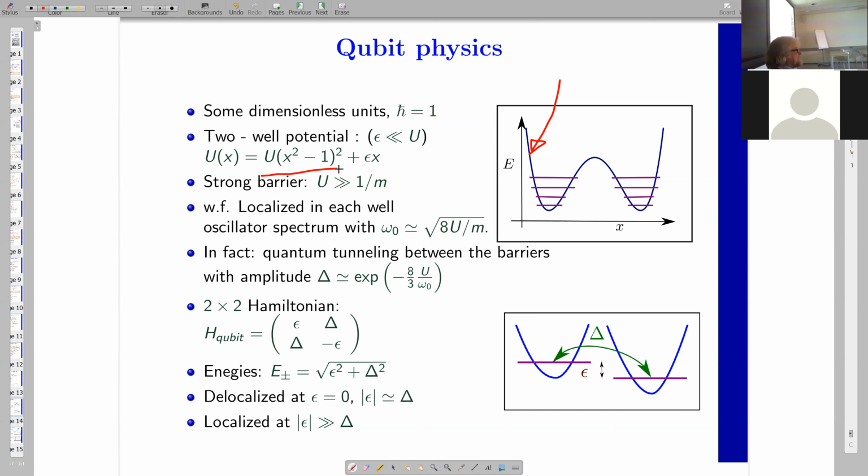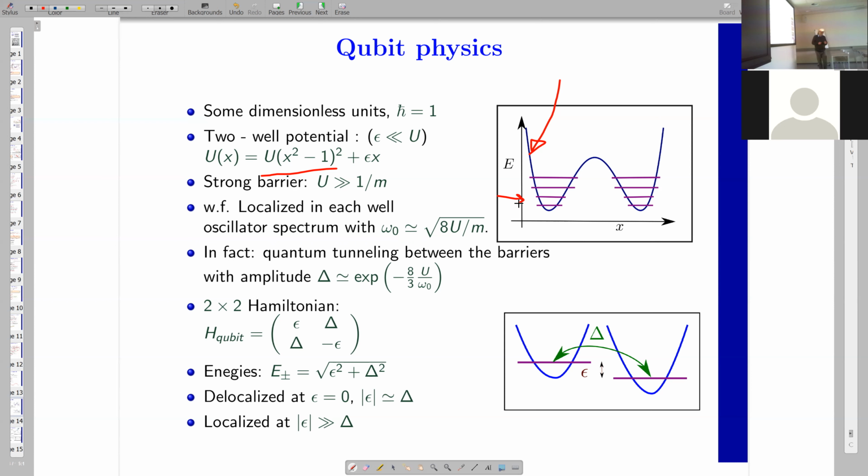So if the barriers are precisely symmetric, I will have a system of levels like this. There will be states which are mainly localized in each well, with a very small overlap, small crosstalk between them. I'd like to have kind of a qubit which I can manipulate.